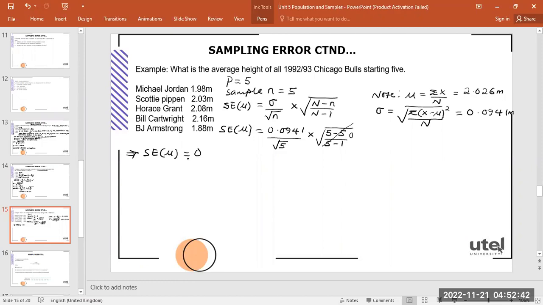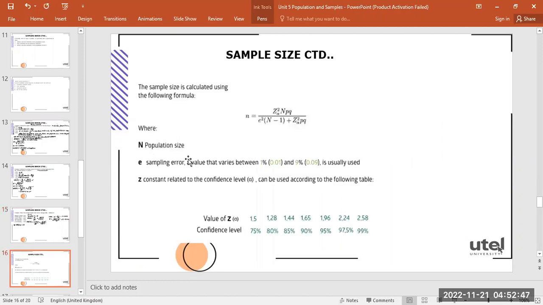Now let's quickly see how you calculate what we call the sample size. It is important to know that whenever we carry out an experiment, we should be able to come up with a statistical measure or number to indicate how confident we are that if we repeat the experiment over and over, we are certain for a certain percentage that we can get the same result.